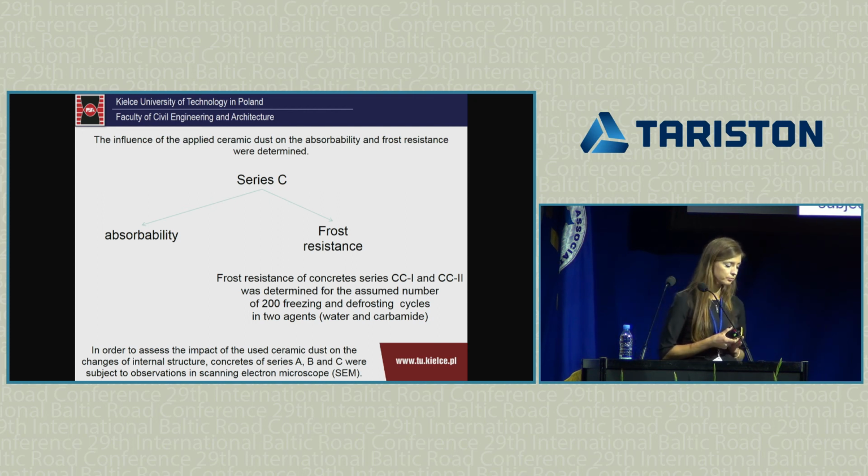This research included an assumed number of 200 freezing and defrosting cycles in two agents, water and carbonate. In order to assess the impact of the used ceramic dust on the change of internal structure, concretes of series A, B, and C were subjected to observation in scanning electron microscopy.